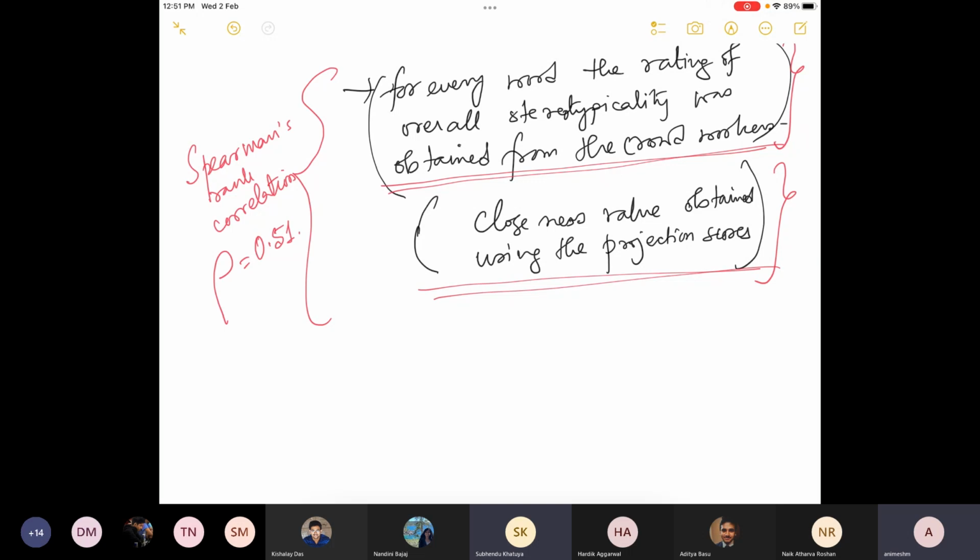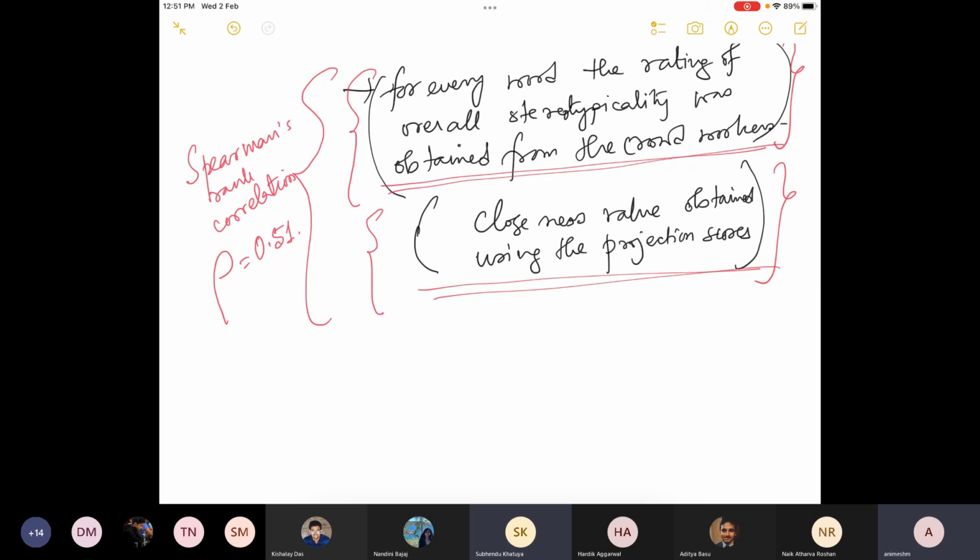Okay, so let us clarify. On one side, you have ranked the same occupation words using the integer rating that you have obtained from the crowd workers. On the other side, you have ranked the same set of occupation words based on the projection scores on the he/she gender direction.